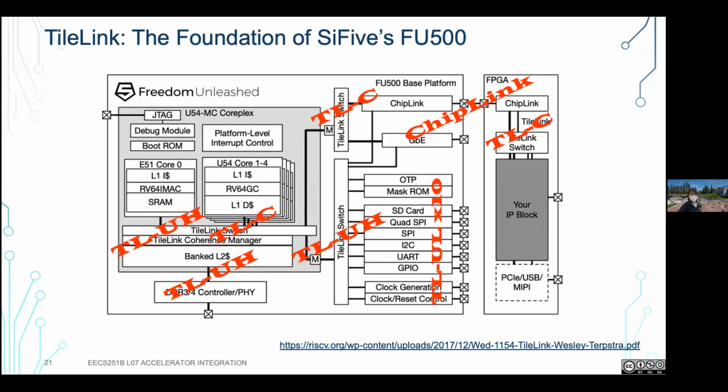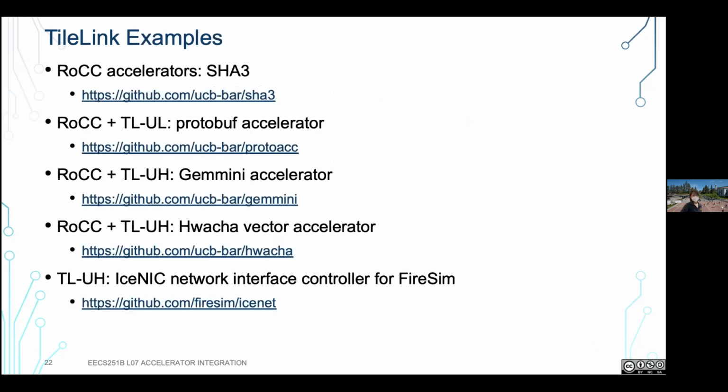Okay, so we'll see more examples, since this may seem too abstract at a high level. We'll see an example, which will make things a little bit more concrete. But at a high level, I think the best way to see TileLink and how these things are connected is to look at those examples with pointers, right?